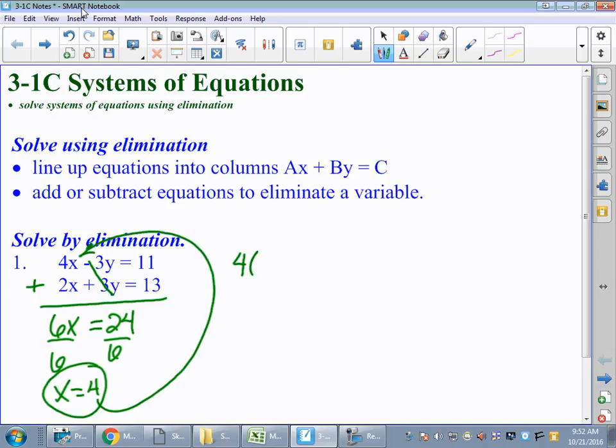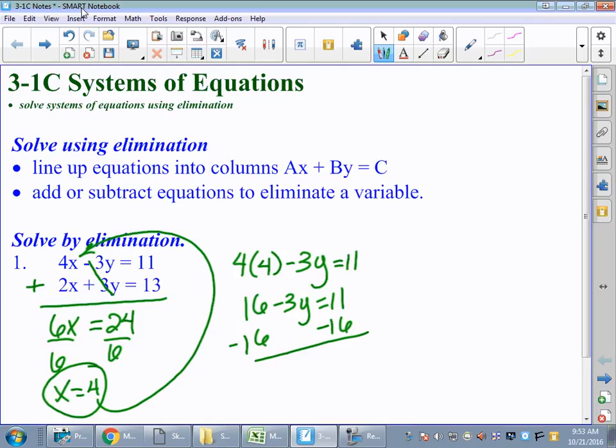So 4 times 4 minus 3y equals 11. 16 minus 3y equals 11. I'm going to subtract 16 from both sides. Negative 3y is equal to negative 5. Divide by negative 3. And when you divide a negative 5 by a negative 3, it ends up being a positive 5/3.